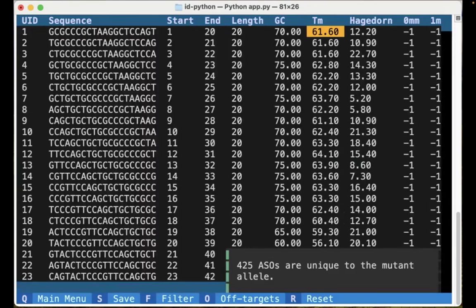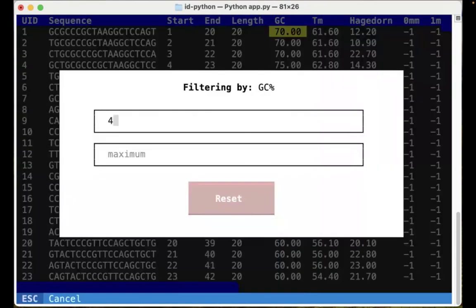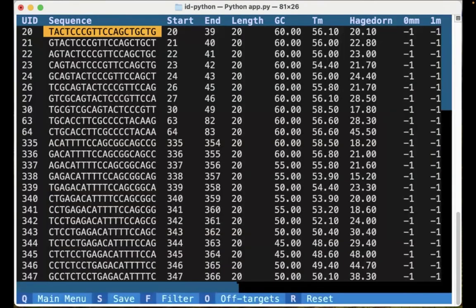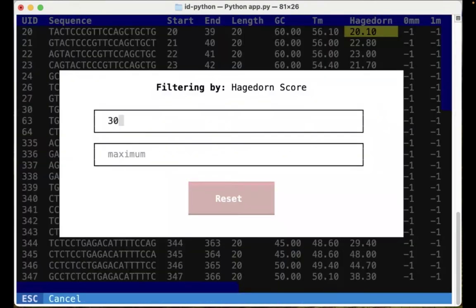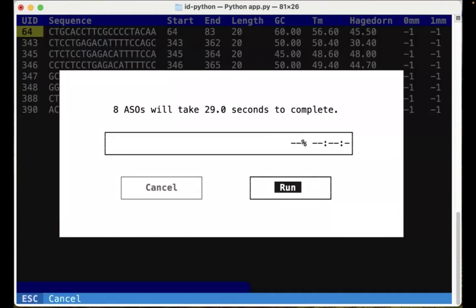For this, the 2 input files that he just selected were from the patient's long read whole genome sequencing data. We had a haplotype FASTA file for the mutant allele and one for the wild type allele. Now it will tile the entire sequence for both of those and then filter out any ASOs that would match up to both alleles, leaving just the ones that are specific to the mutant allele.